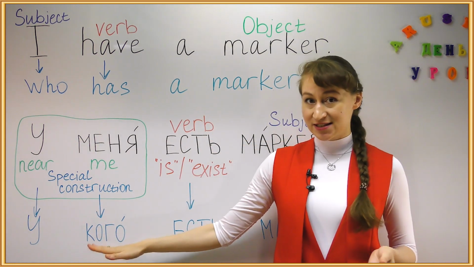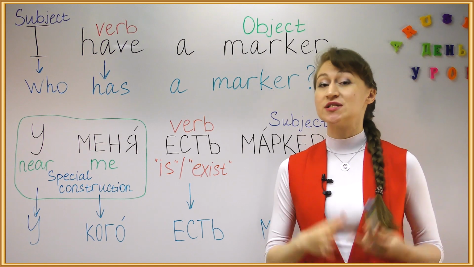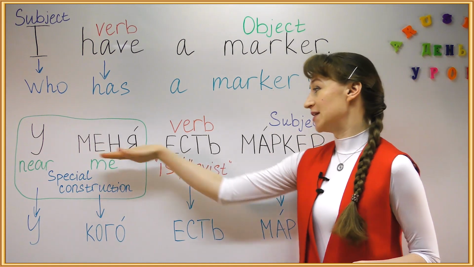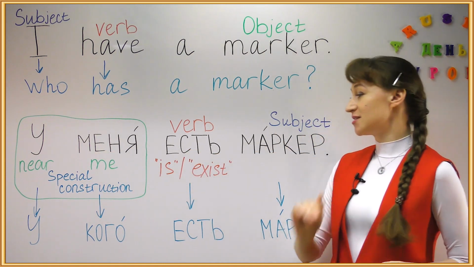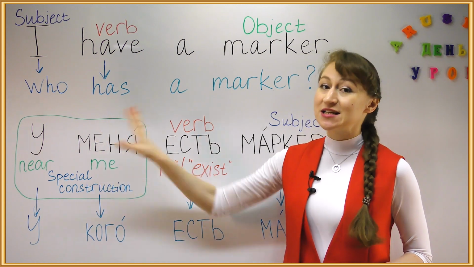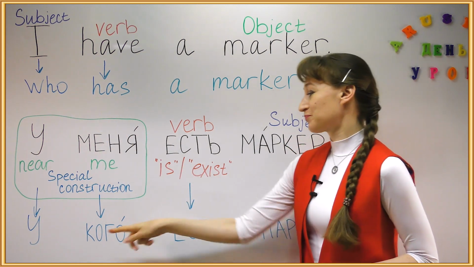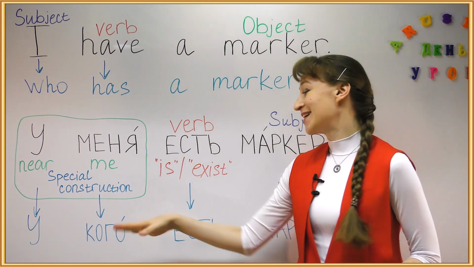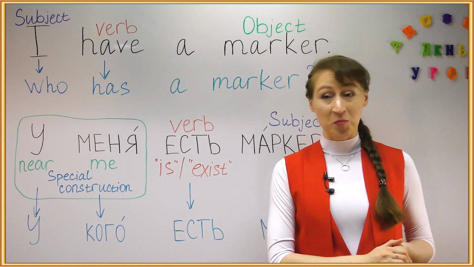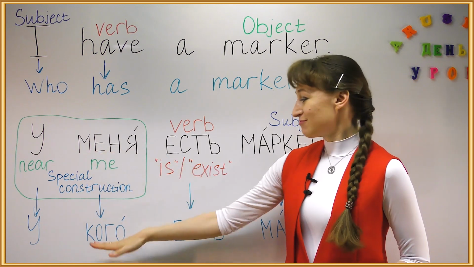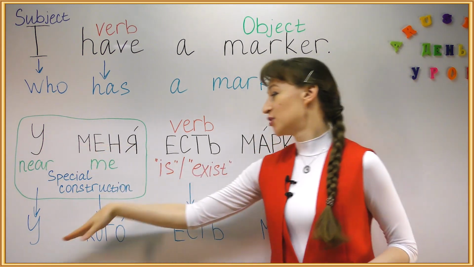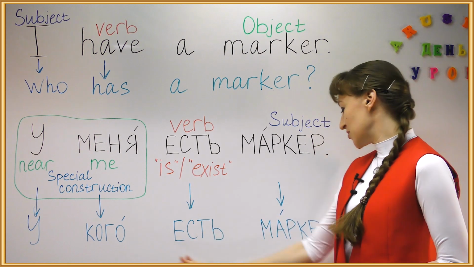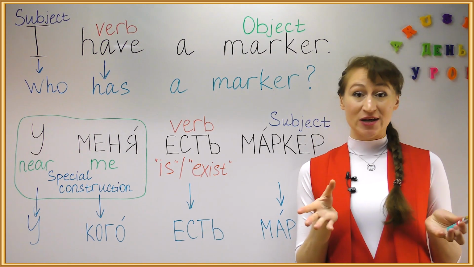In the Russian sentence, however, we cannot use кто, because in our original statement, the person is not the subject. That is why we use the already familiar question word кого. Меня, кого. У меня, у кого. So this is how we ask this question.